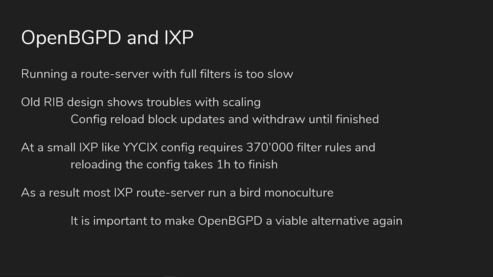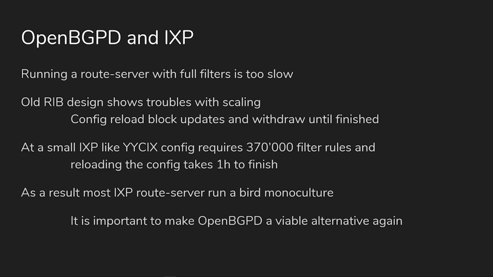Now, how does it look with OpenBGPD and especially at these route servers? The problem there, and this is why we're not fast enough, is that running a route server with OpenBGPD and full filters is too slow. This is because of the old RIB design. There are some problems.